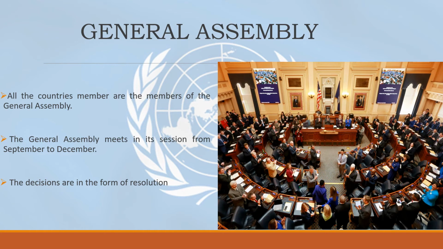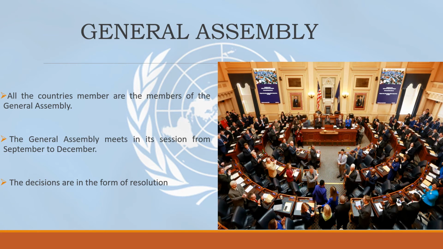During this session, it discusses important issues like environment, disarmament, and many more. The decisions in the General Assembly are taken by majority. These decisions are in the form of resolutions. Thus, the General Assembly only passes resolutions, it does not make law.